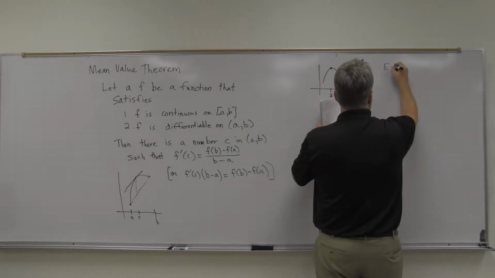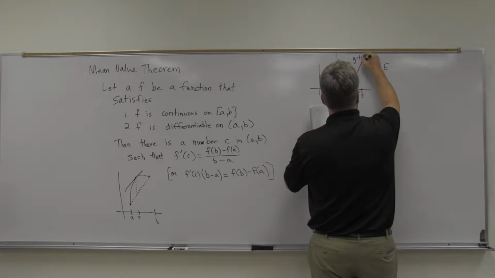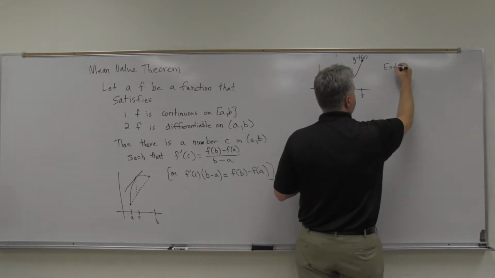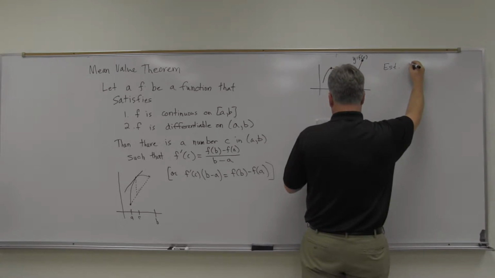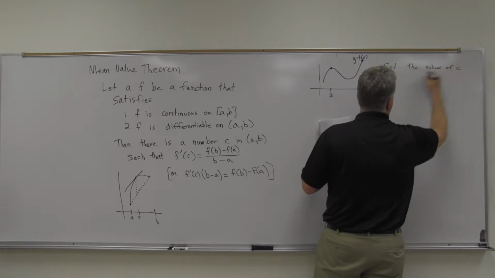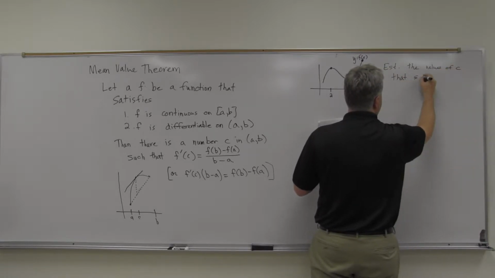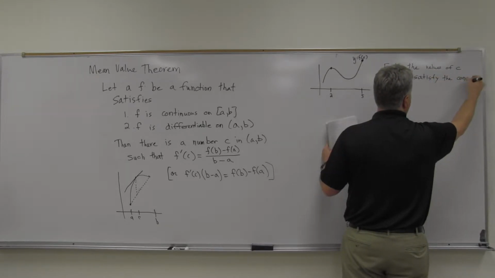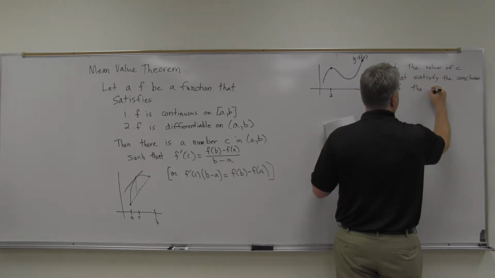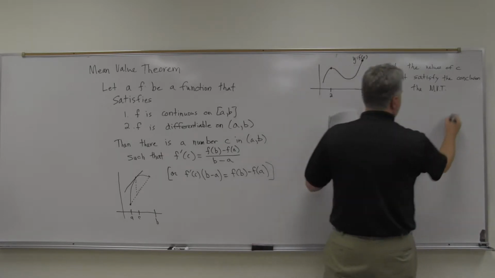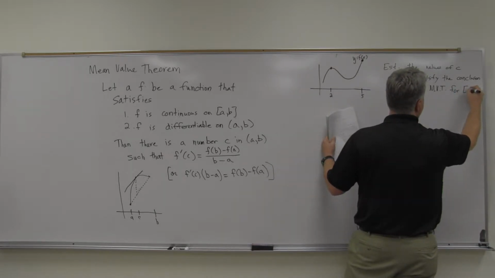All right, so let's estimate. This is y equals f of x. Estimate the values of c that satisfy the conclusion of the mean value theorem for the interval 2 to 5.